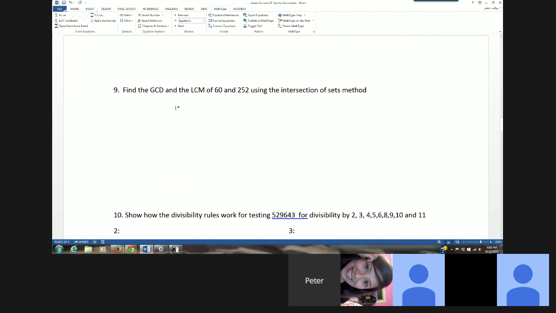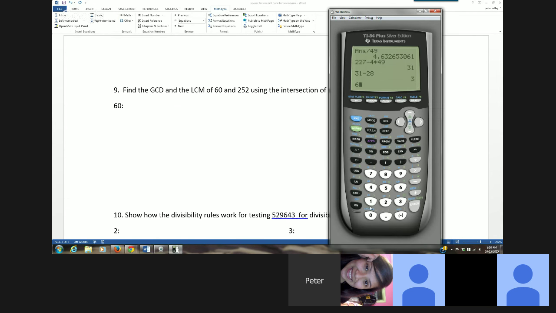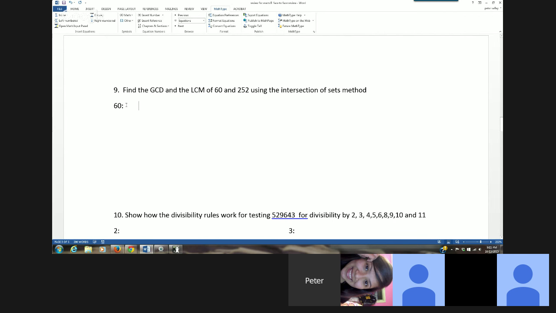So what I want to do is first figure out the prime factorization of 60 and 252. So what numbers break up into 60? I know clearly that 2 goes in there, once and twice. So that's 2 times 2 times 3 times 5.